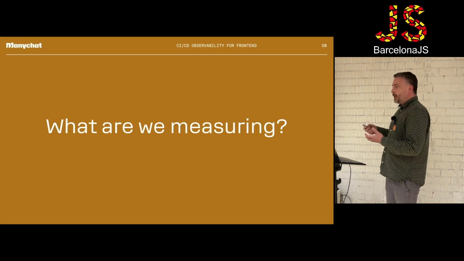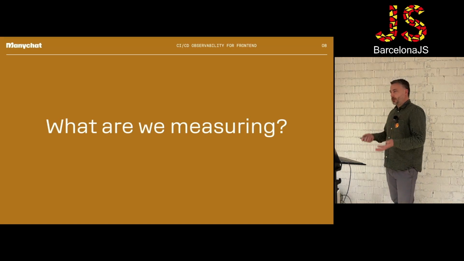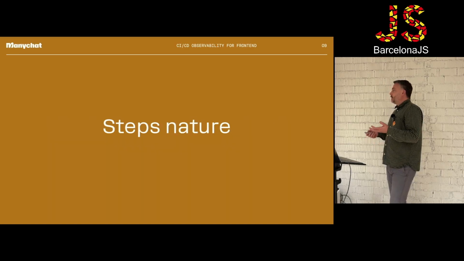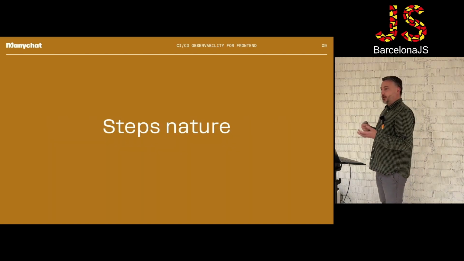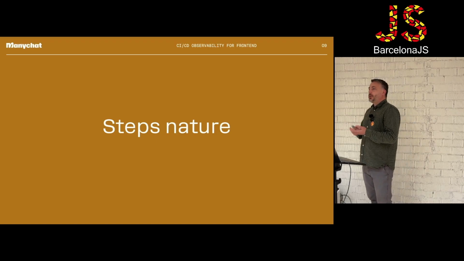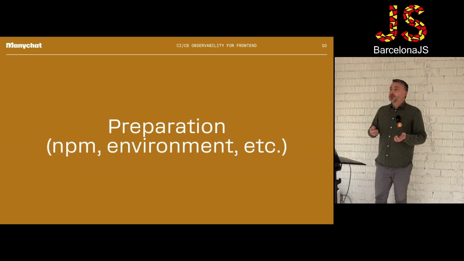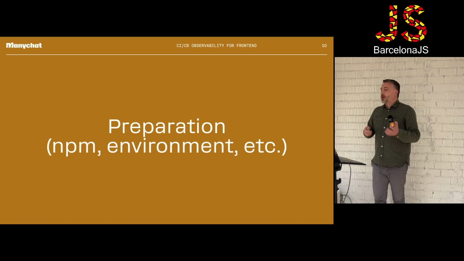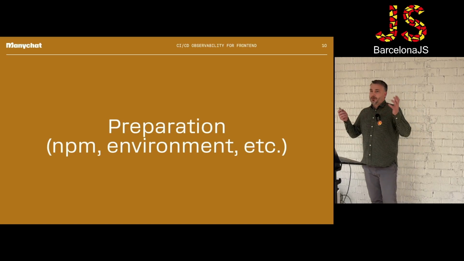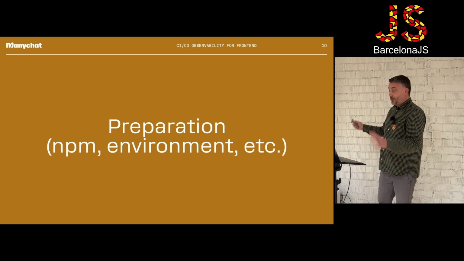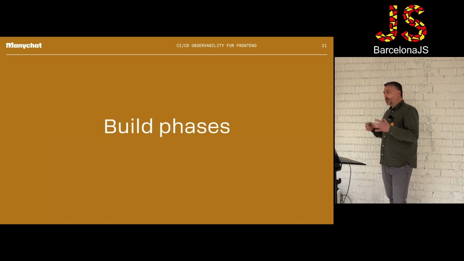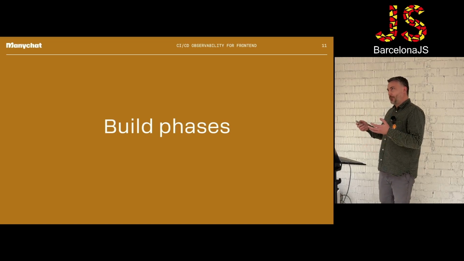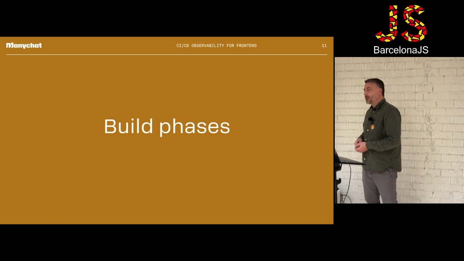And in CI/CD, what are we measuring, what steps are we measuring? For a start, we should separate our steps by their nature. So there's the preparation process, for example npm install, and environment setup: test environment, stage environment, production environment, or something. Then there are the build phases, so we should know what kind of phase we are building: the main application, and modules for our application, and so on.